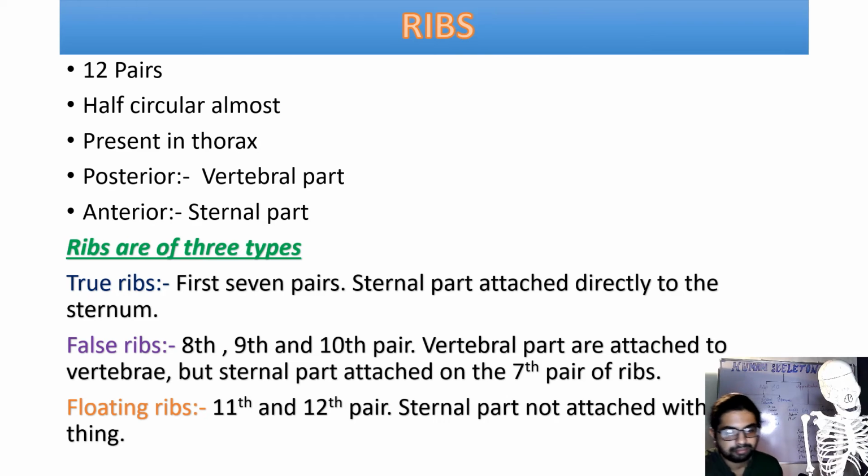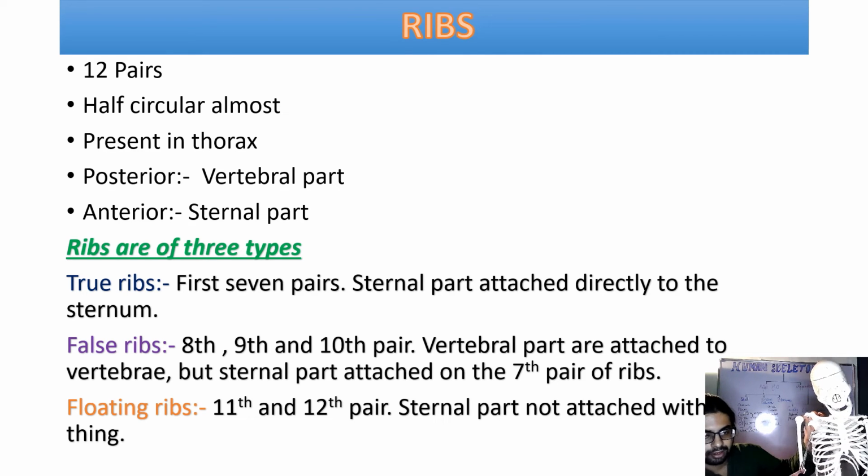Now come to the ribs. Ribs are 12 pairs, that is 24. These are half circular and present in the thorax region.